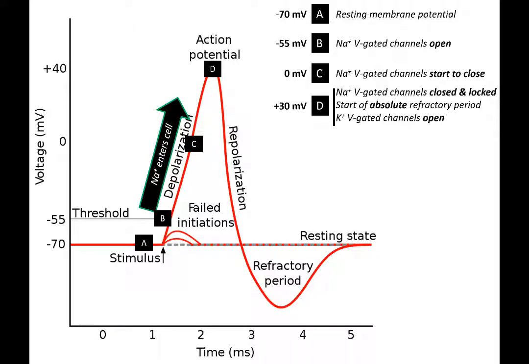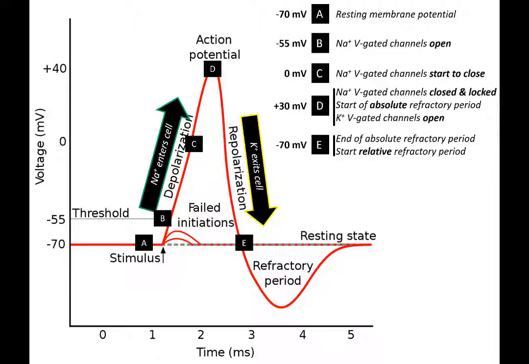At the top, at plus 30, our sodium voltage gated channels are finally closed, and now they're locked. It's known as refractory. But we also, at the same moment, open potassium channels. Potassium exits the cell, causing it to go down to be more negative. That's called repolarization.